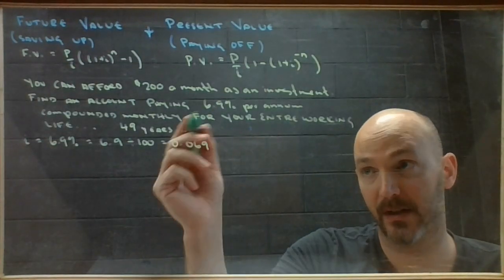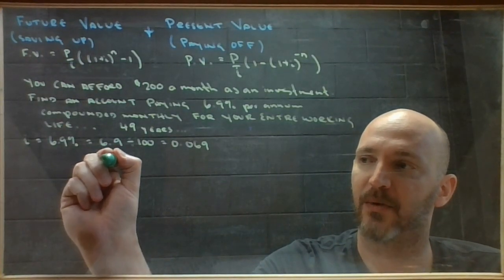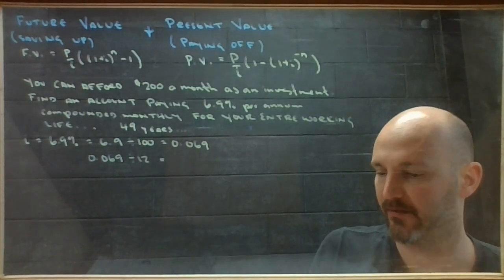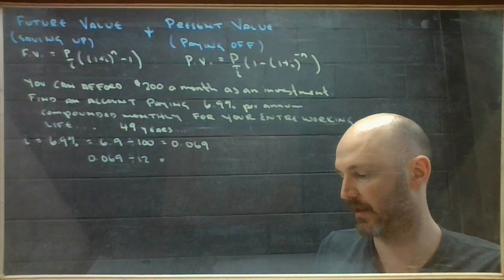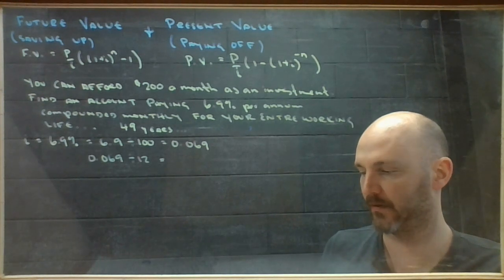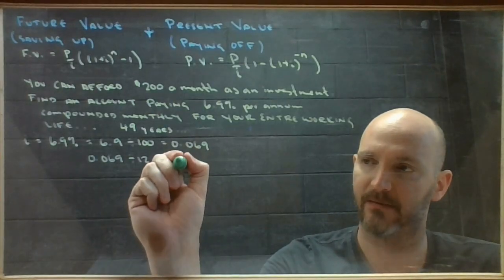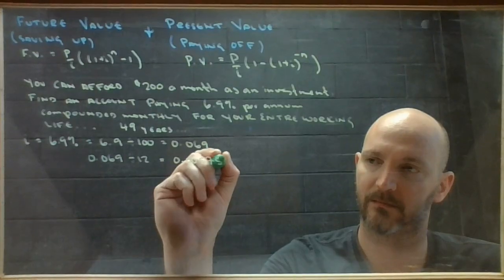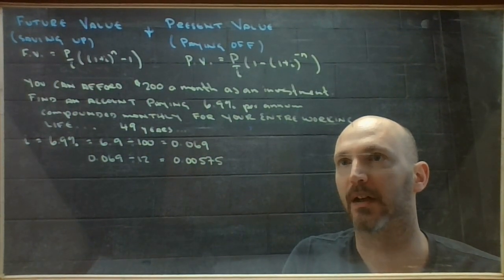It is compounded monthly, so I'm going to have to take that 0.069 and divide it by 12, and that will give me 0.00575.